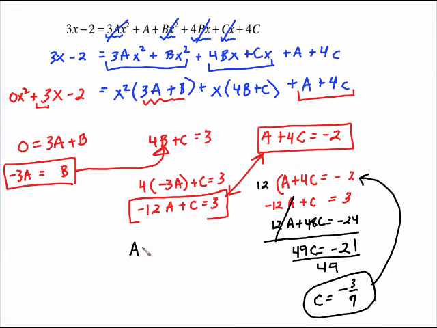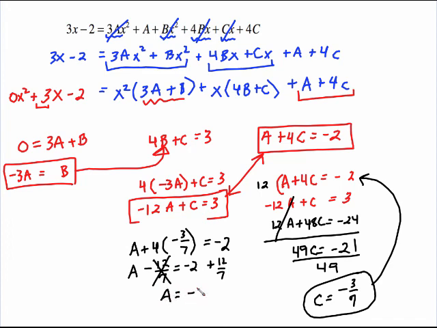So this is A plus 4 times C, which is negative 3/7, equals negative 2. So multiply 4 times negative 3/7 is negative 12/7, equals negative 2. Add 12/7 to both sides, so add it over here, that'll cancel this out.